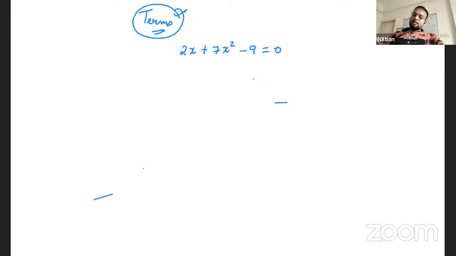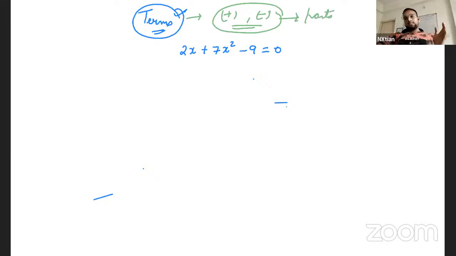So the terms are the parts of the equation which is created by plus and minus. Only plus and minus creates the parts in the equation, or you can understand it like Bharat, Pakistan, and China in the equation. Yes or no?